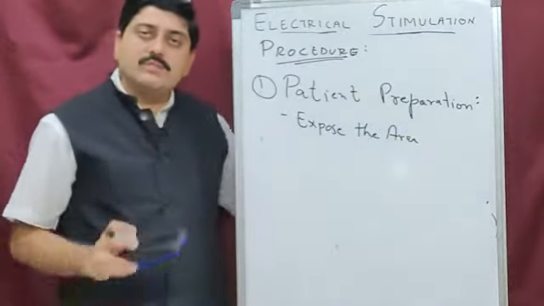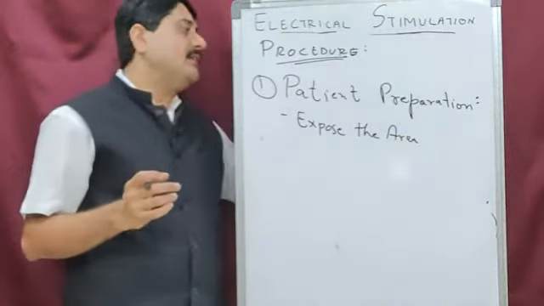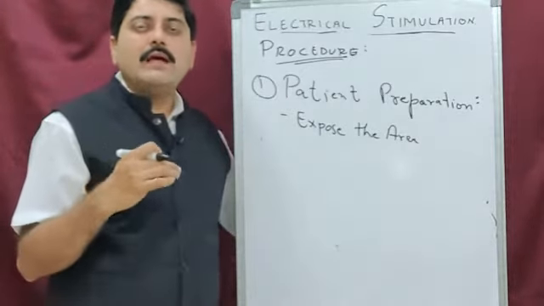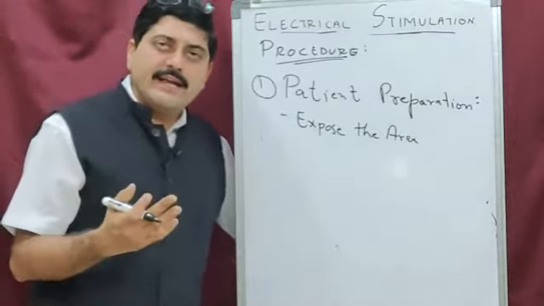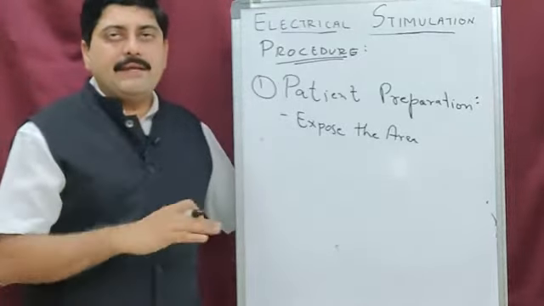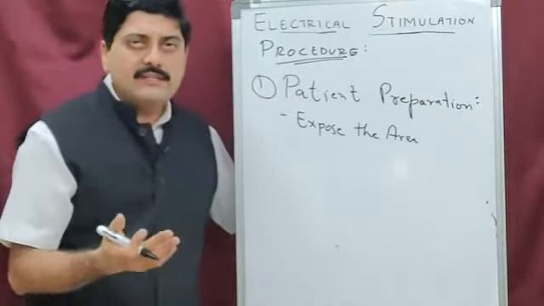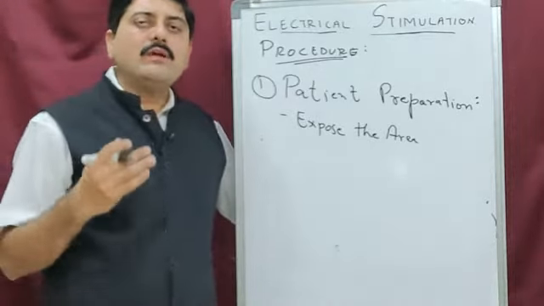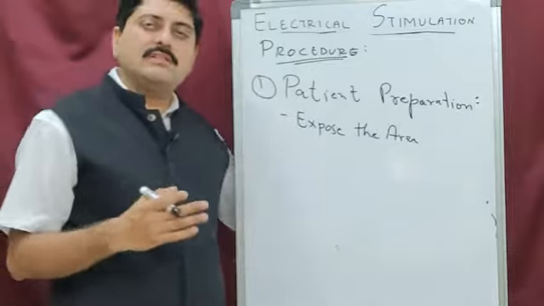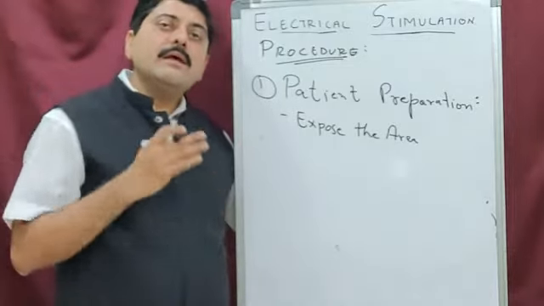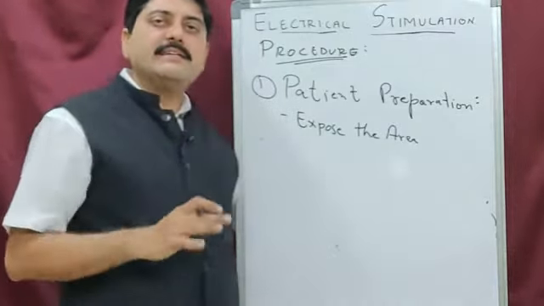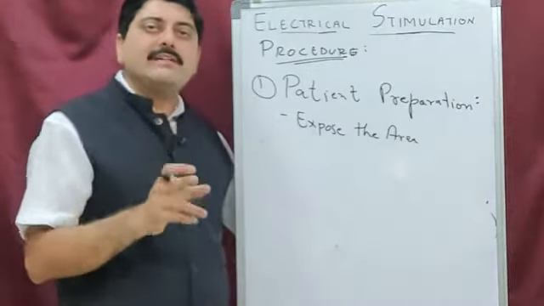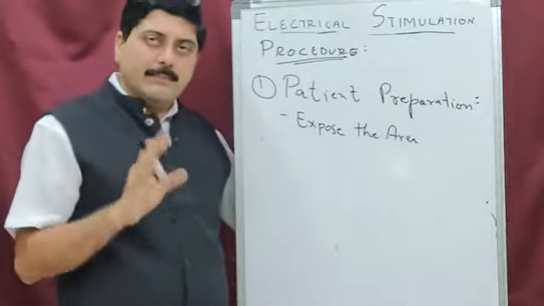You are not going to give stimulation to the patient from over the cloth, right? So you have to ask the patient to expose the area by comfortably draping the adjacent area, right? This is very important that you drape the adjacent area before exposing the patient. So you do not just tell the patient to remove the clothes and lie down, but you have to drape or cover the areas that are not to be treated, right? So expose the appropriate part where the treatment is to be given. Number 1.